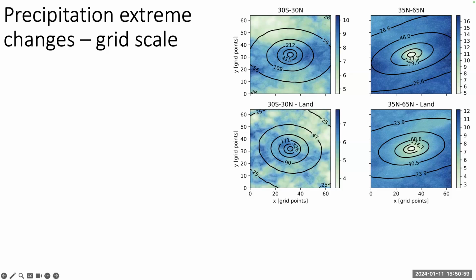Having a 3 kilometer resolution means that we have, I don't know, 4 grid boxes to resolve that. Maybe it's not the best, but it's much better than having just 25 kilometers where you don't resolve anything.